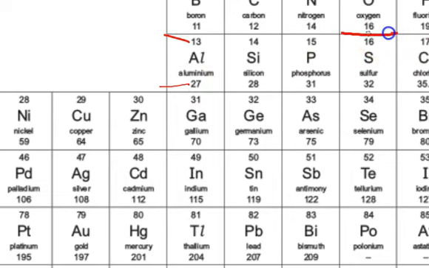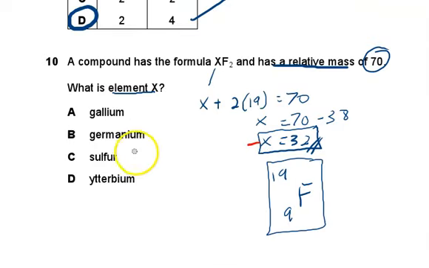So your answer here is sulfur. They mentioned 32, so it's sulfur. Now we go back to the question. So the X here is 32, sulfur. Alright, I hope you can understand this question.